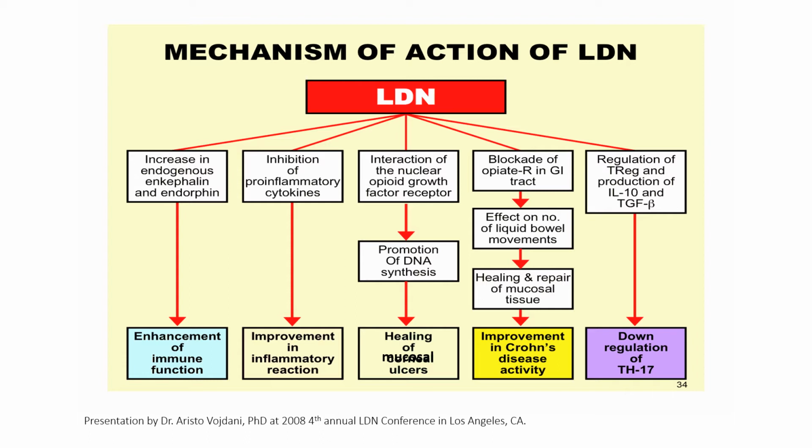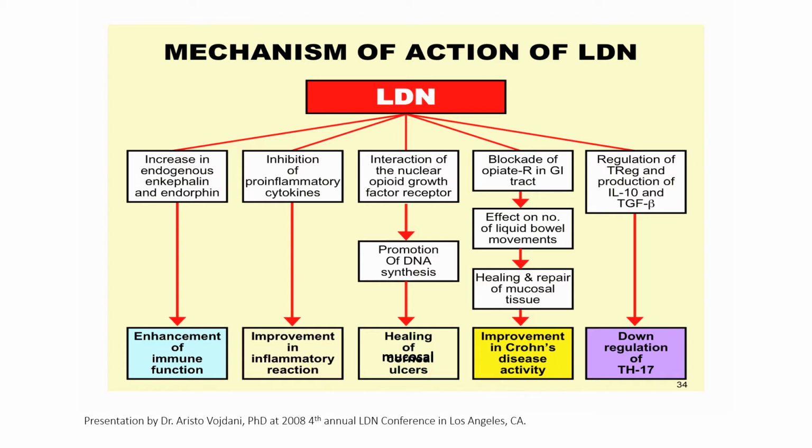interaction with the opioid growth factor, or OGF, and OGF receptors, which promotes DNA synthesis, which leads to the healing of mucosal ulcers. You also have the blockade of opioid receptors in the GI tract, which affects the number of liquid bowel movements, healing and repair of mucosal tissue, thus the improvement in Crohn's disease activity.